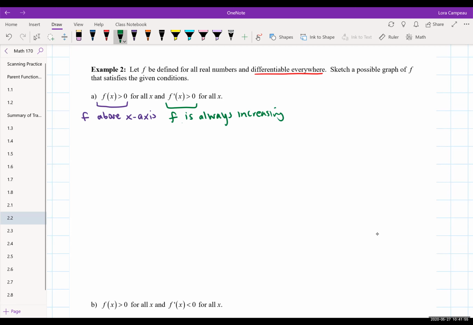And if you have the function increasing all the time, that means the slopes of the tangents are always positive. So if the function itself is always increasing and the slopes of the tangent lines are always positive, we're going to have to play around with what would work.